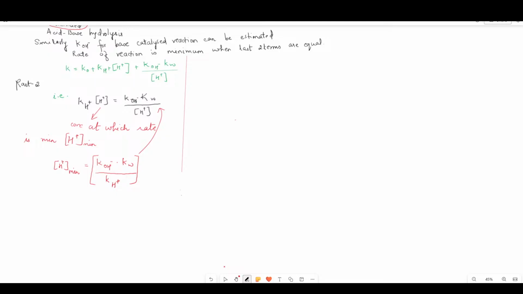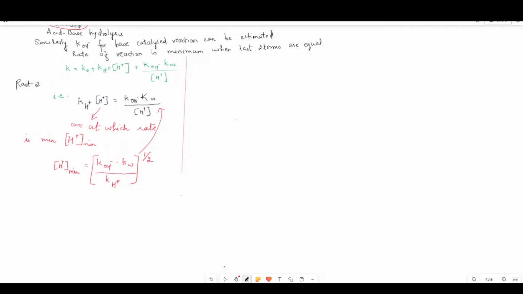It will be squared, and I don't want to write it in terms of square. Instead, I'll write it in terms of square root, or as power 1 by 2. It is the same thing.